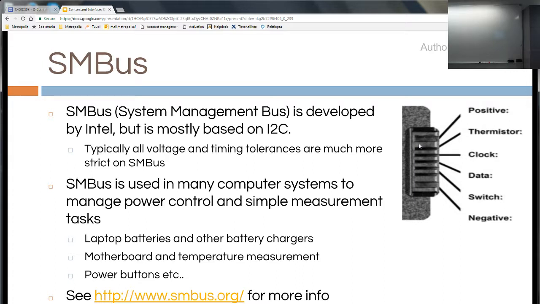And for example, those intelligent batteries actually have the I2C bus there. Okay, there also are I2C buses in some of those memory cards. Just another interface.